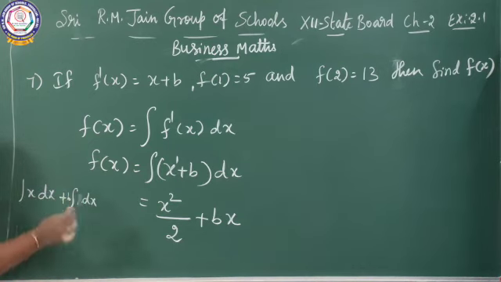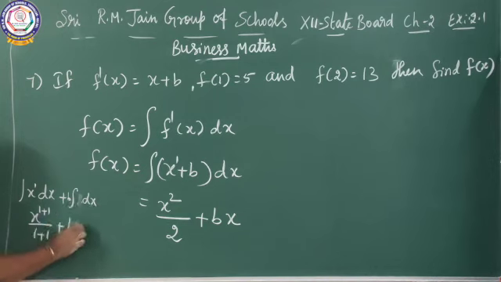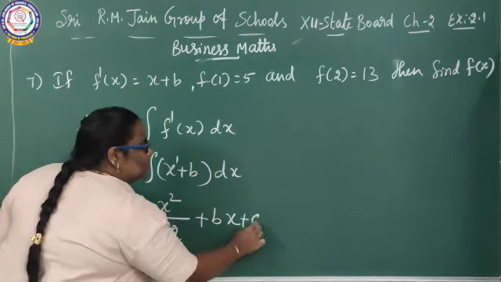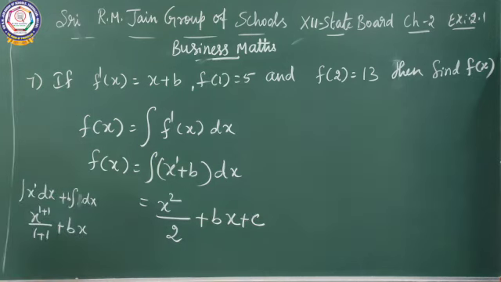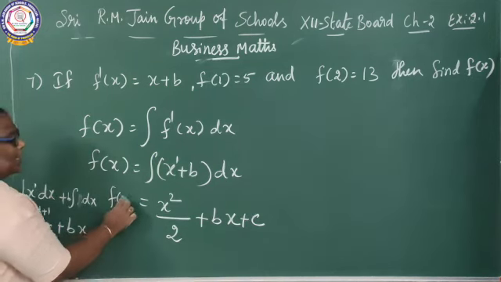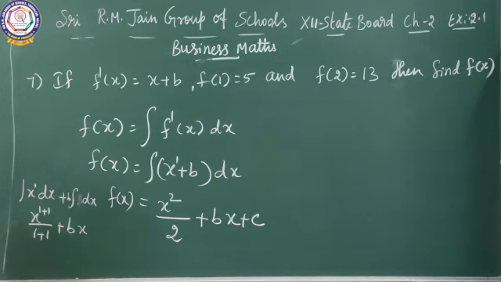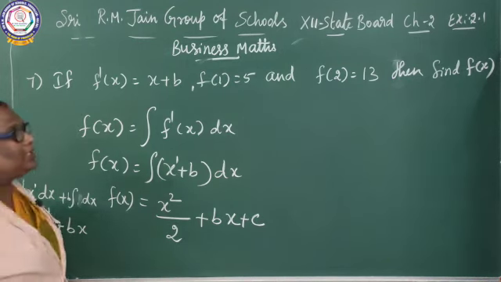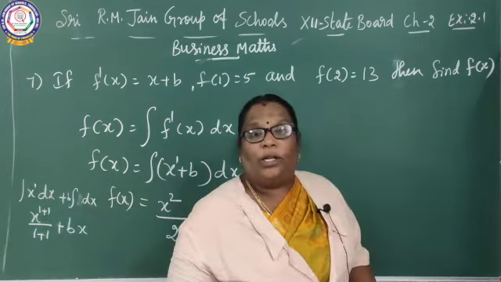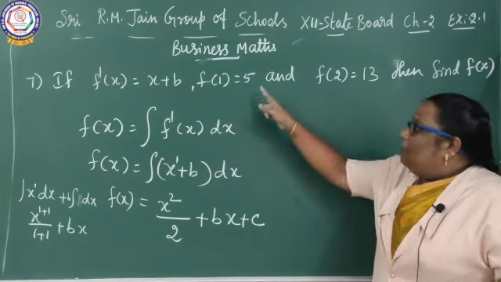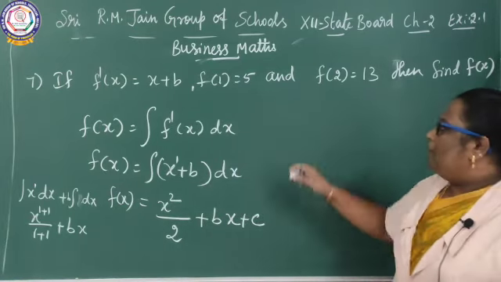B is a constant, you can take it out. Power 1, x power 1 plus 1 by 1 plus 1 plus b into integral dx is x. Plus c. So, f of x equal to x square by 2 plus bx plus c. You can substitute the values one by one. See, f of 1 equal to 5.